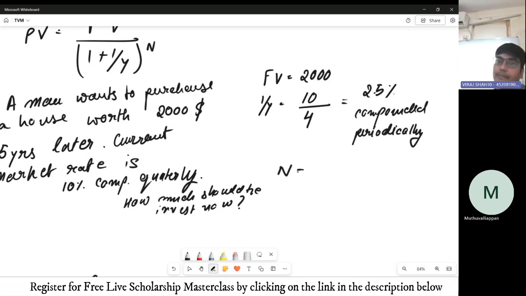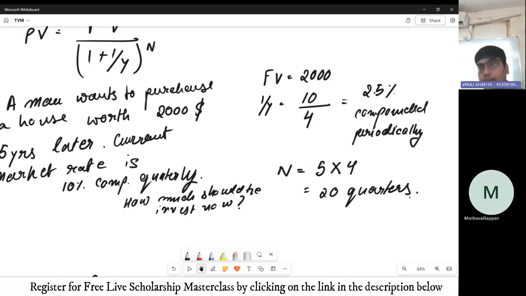What is N? N is number of compounding periods, which is 5 into 4, 20 quarters. Right? 20 quarters. Now we have everything to apply the formula. What was our formula?